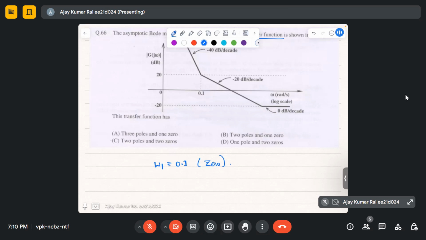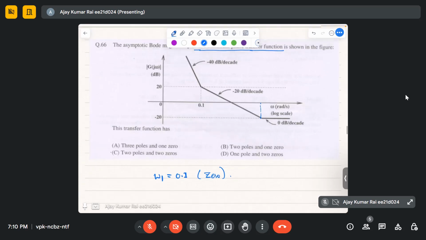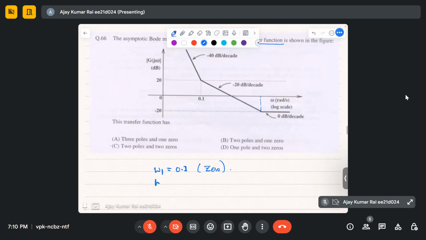Then the slope stays constant until another corner frequency that we don't know, omega 2. At omega 2, the slope is changing from minus 20 to 0 dB.